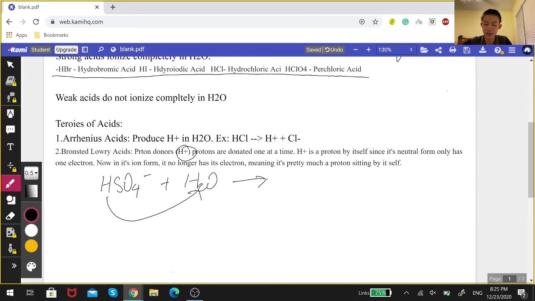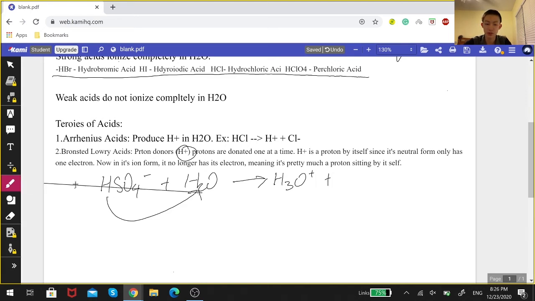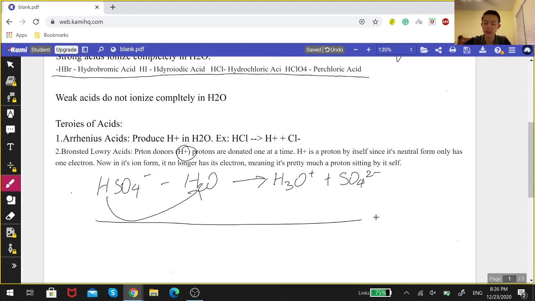H2O having received another hydrogen will become H3O plus, a cation because of the extra proton, plus SO4. In HSO4, the H is gone because it donated itself to the water. So now this will be SO4, and the charge will become 2 minus since the hydrogen cation is gone. And this is an example of hydrogen donating a proton.